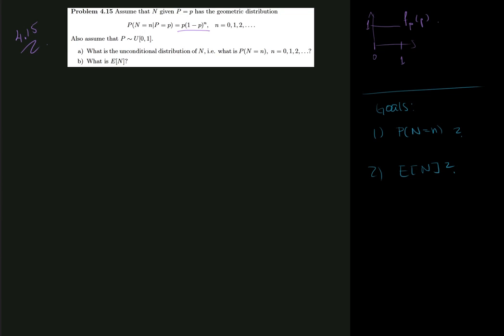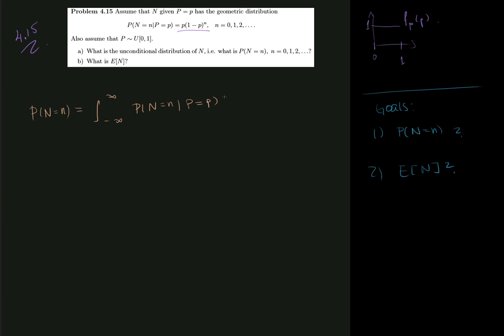Okay, so let's just try to take a look at this. We want to find the probability that N is equal to n, and using some of the formulas that we have in the book, this is exactly equal to the integral from minus infinity to infinity of the probability that N is equal to n given that P is equal to p.